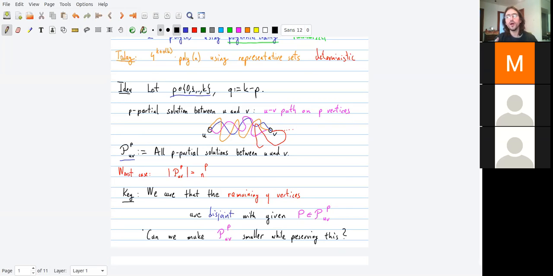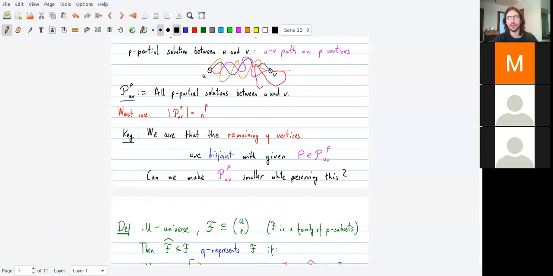At the beginning, we have this huge family of size n to the p of all possible partial solutions. But if we care only about disjointness of whatever happens in the future, maybe we can restrict attention to some smaller subfamily of these solutions. A subfamily maybe of some FPT size instead of n to the p. And this is vague at this moment.